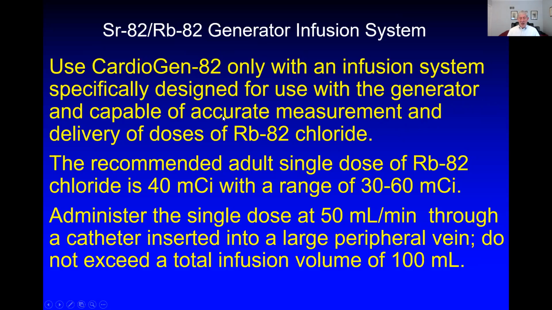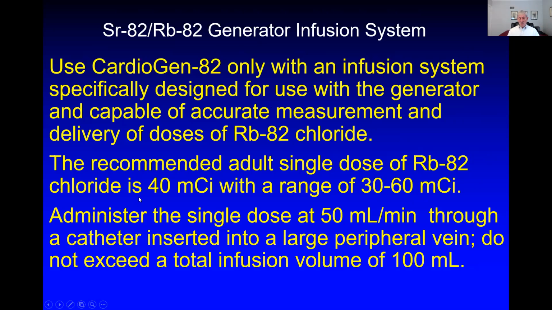The dose is higher than anything you have probably ever seen injected. 40 millicuries is the recommended dose, but you could go up to 60 if you have, for example, a very large patient, maybe somebody who weighs 250 or 300 pounds. So you're going to have to give more because of attenuation. But this is the range, and this is a recommended dose.